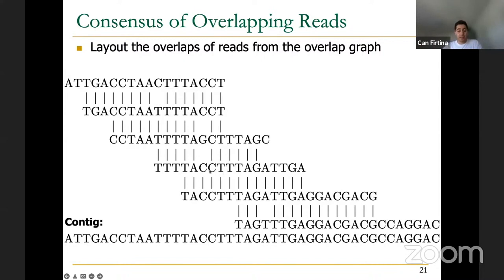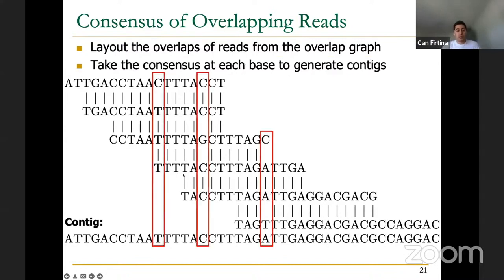So next, what we want to do is generate the contigs from all this overlapping information. A very simple process to achieve that is to take the consensus of these overlaps, right? What does the consensus look like?